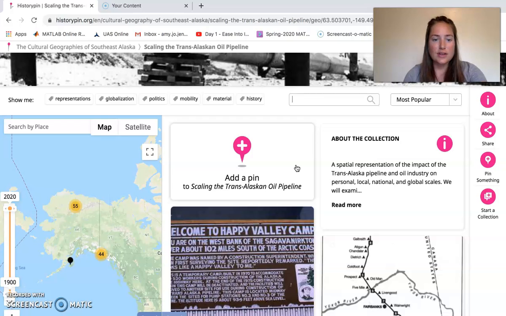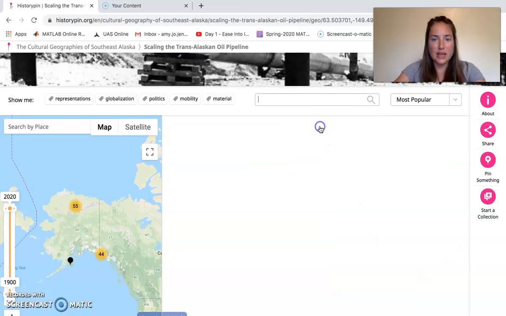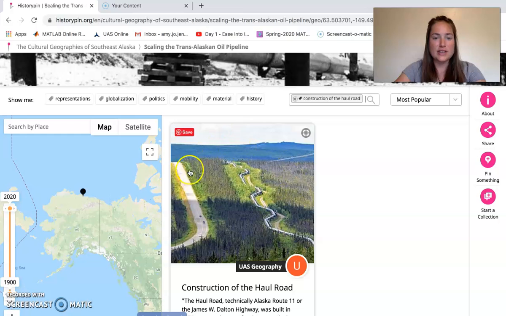The Haul Road is the only road in Alaska that leads to Prudhoe Bay. It was created next to the pipeline to allow access for trucks and heavy machinery to be supplied to the oil fields. And I can show you right now the pin that I made, construction of the pipeline. You can see in this picture, you got the haul road on the left and the pipeline here on the right.